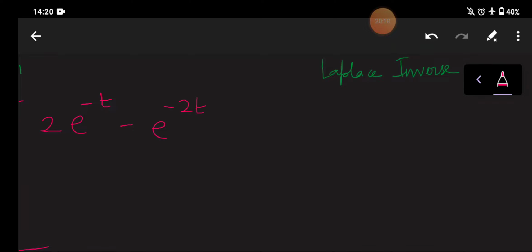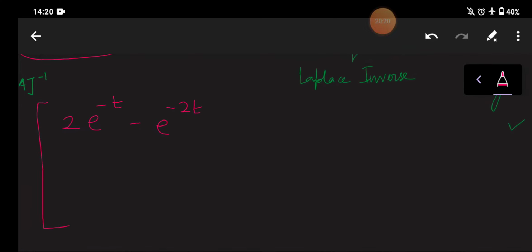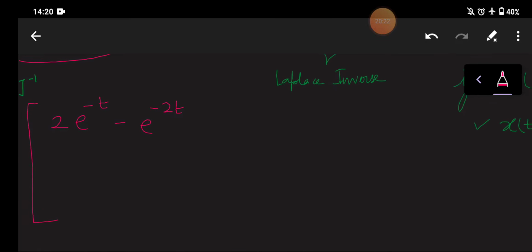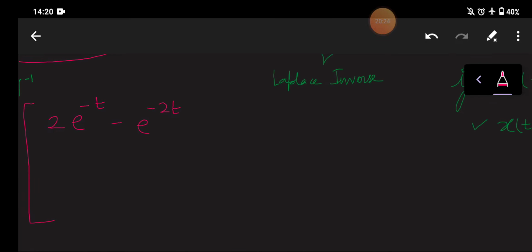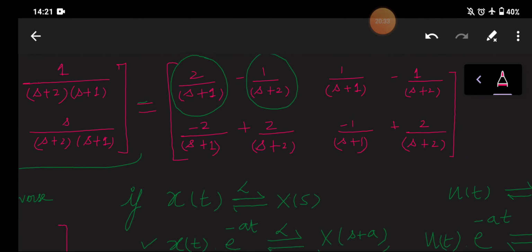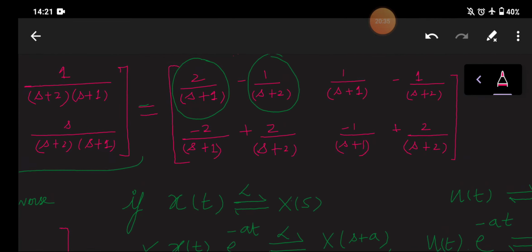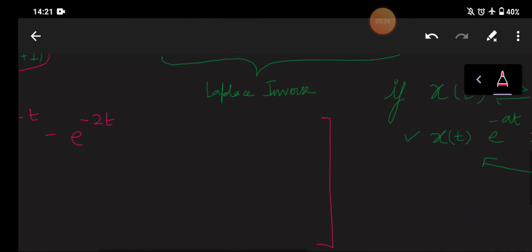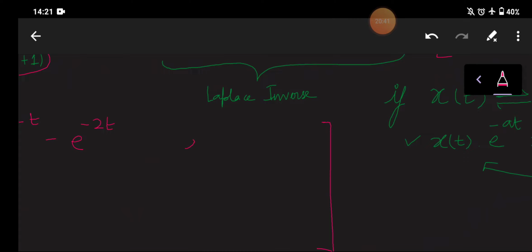You can write u(t) also here, but I will write it outside the matrix, because it will be included in every term. So for the next term, it will be e to the power minus t minus e to the power minus 2t.